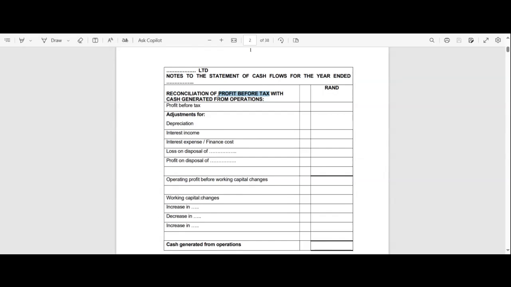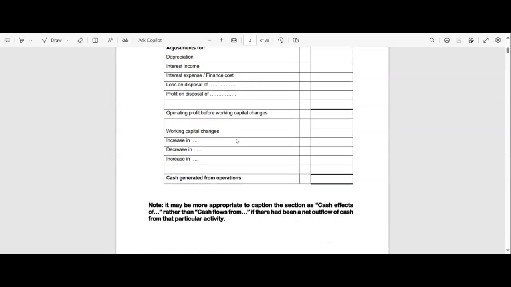But now we want to take that profit before tax figure from our statement of comprehensive income, that was calculated by using the accrual system, and we want to convert it to this thing called cash generated from operations, right?